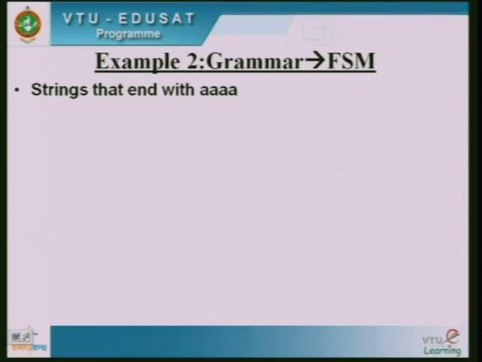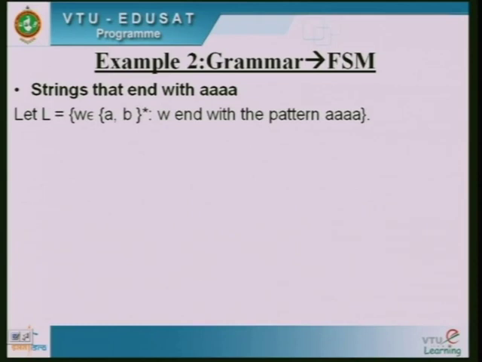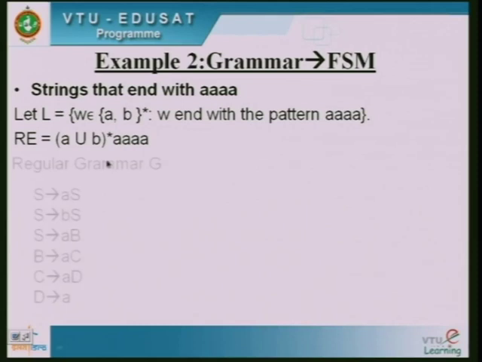I have considered here the strings that end with a. Sigma is defined over a and b. The strings w consist of a's and b's, but w should end with the pattern a. At the end, a should be there. At the start it can have either a or b.